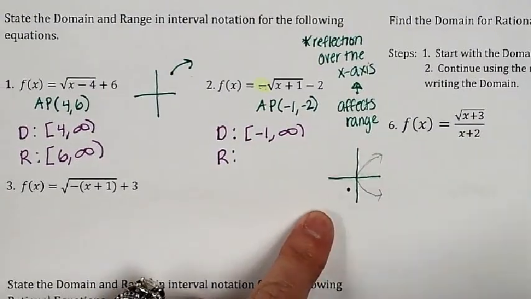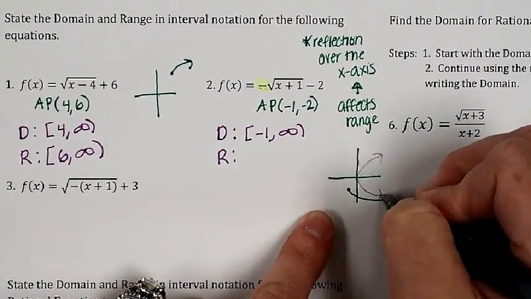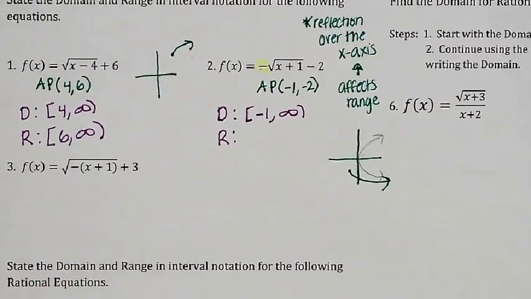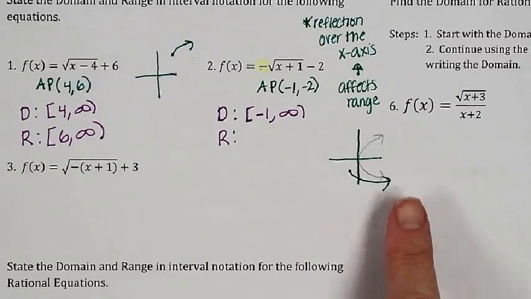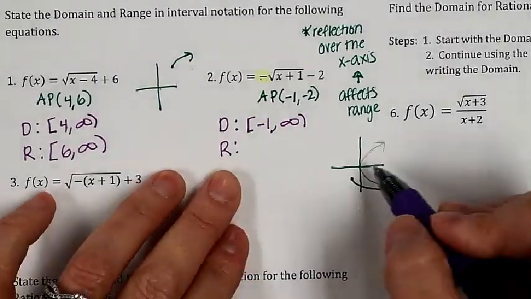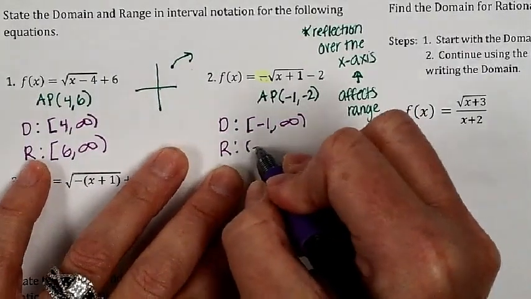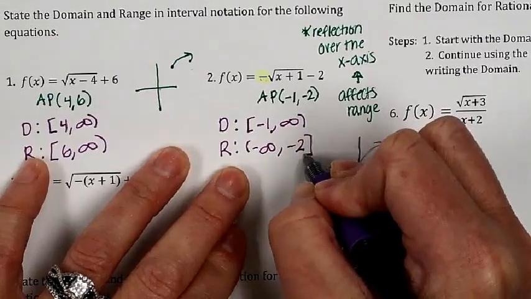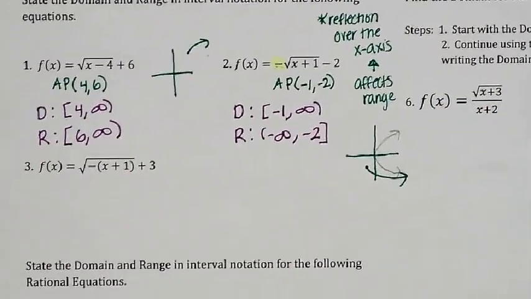So your domain is still the same, your range just flips, so it's going to be from -infinity to -2, bracket. Any questions?